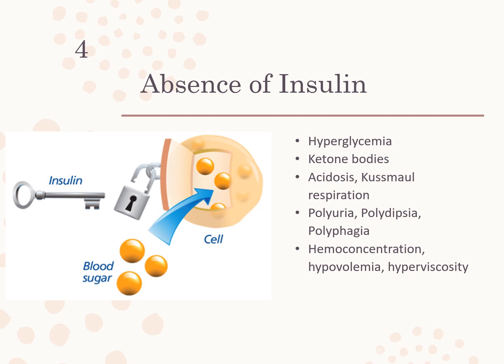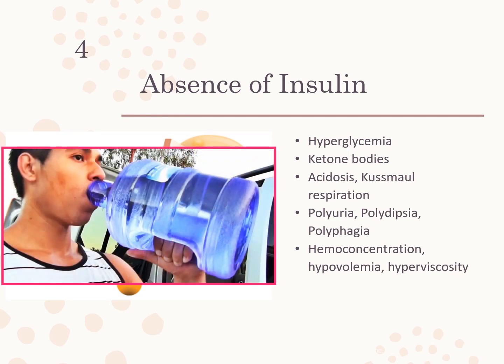So our patients are actually going to begin to have excessive urine output as the sugar gets higher and higher. We're going to call this polyuria. A patient's going to have polyuria, excessive urine output. And with polyuria, dehydration sets in. And your person is going to get excessively thirsty.